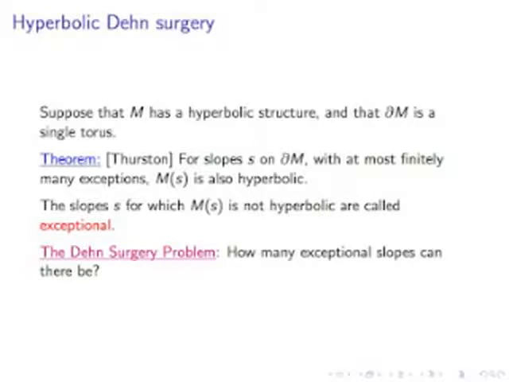And the slopes S for which the manifold is not hyperbolic are called exceptional. And the Dehn surgery problem asks how many exceptional slopes can there be.